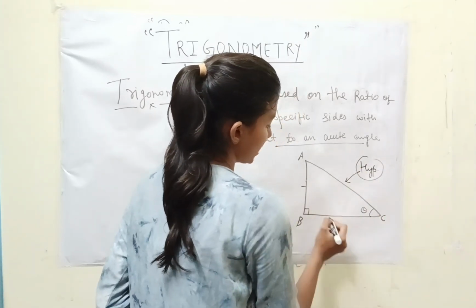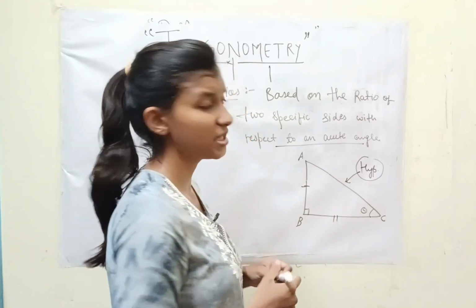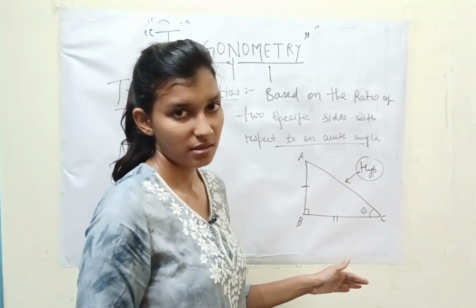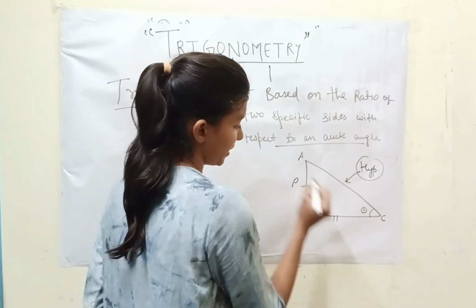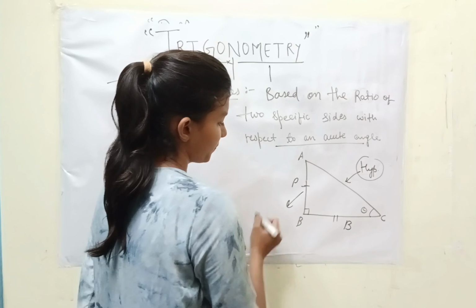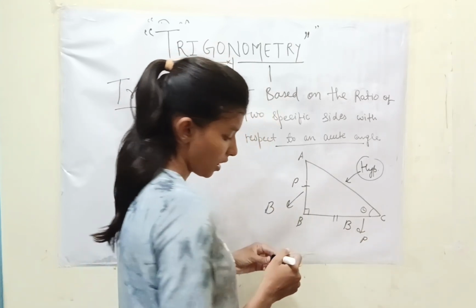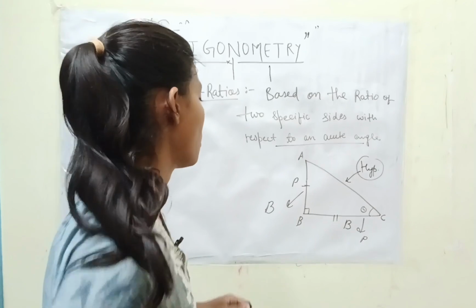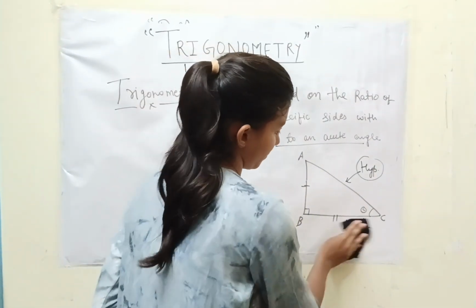Then the other two sides can be named as perpendicular and base in any manner. One student can call this perpendicular and this as base. Some other student names this as base or this as perpendicular, but this only works in the Pythagoras theorem.